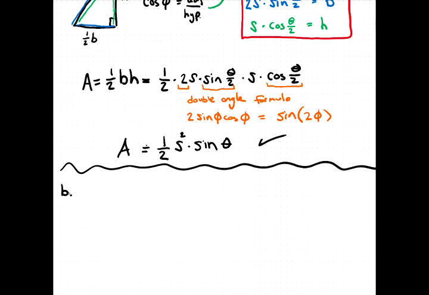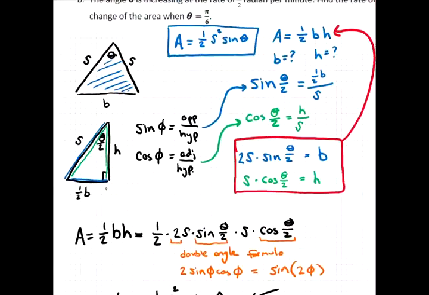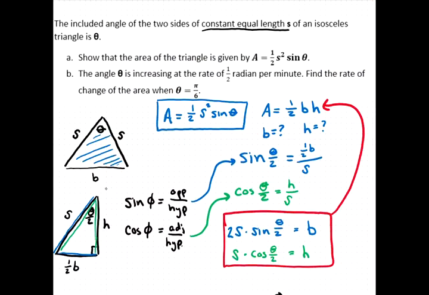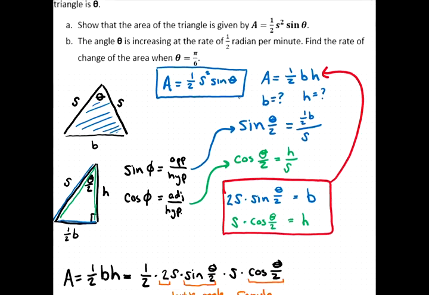for part B, we want to find how fast the area is changing. So the angle theta is increasing at a rate of 1/2 radians per minute. Find the rate of change of the area when theta is pi over 6.